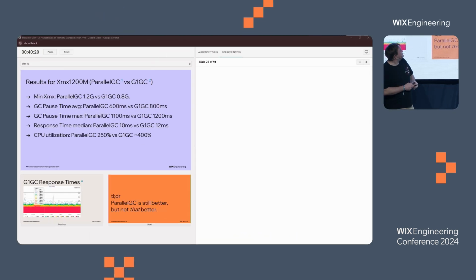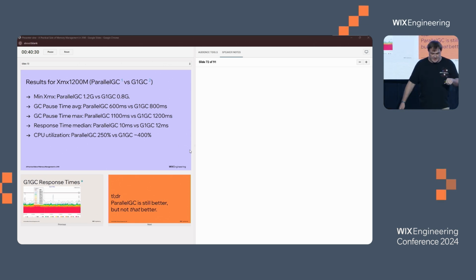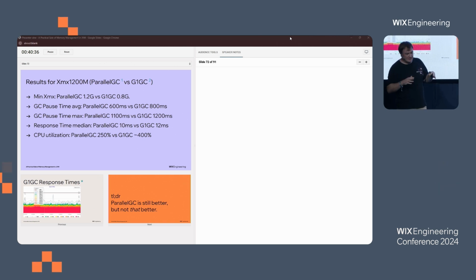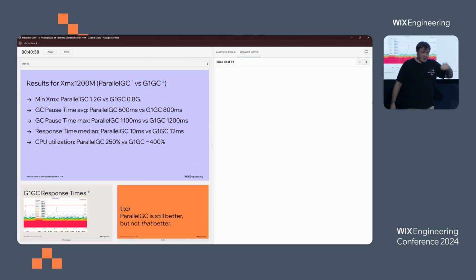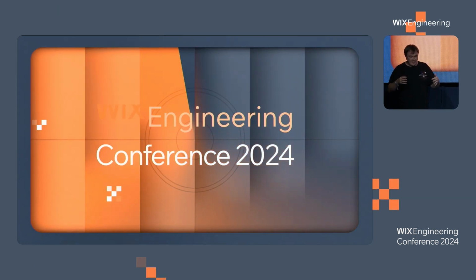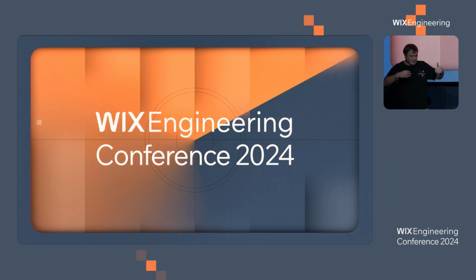And then, sorry, can we make it full screen? The baseline for the service was 2 gigabytes of Xmx. So I decided, okay, let's check how they behave by lowering Xmx more and more and more.